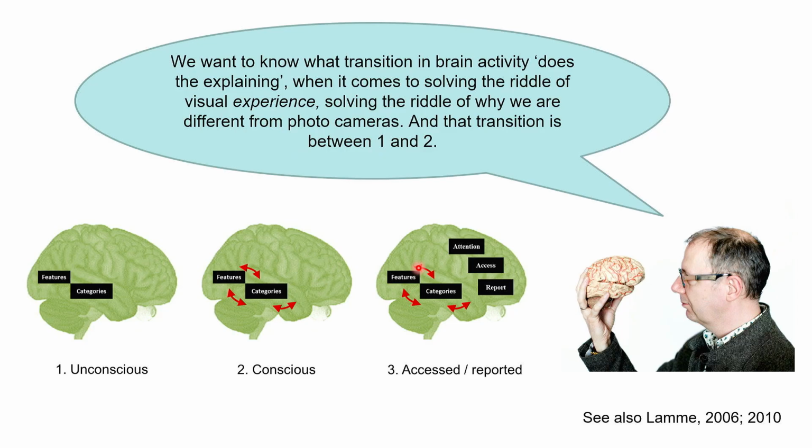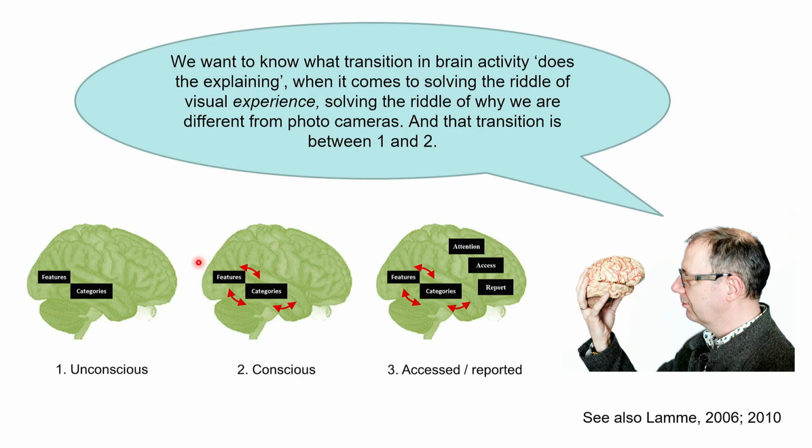And this hinges on a very important discussion that we will go into in the next section as well, which is: which of these transitions do the explaining when it comes to solving this riddle of visual experience? So why are we different from photo cameras? Why is it different when I drive my car from when my car drives itself? Is that because of the cognition, or because of this transition?